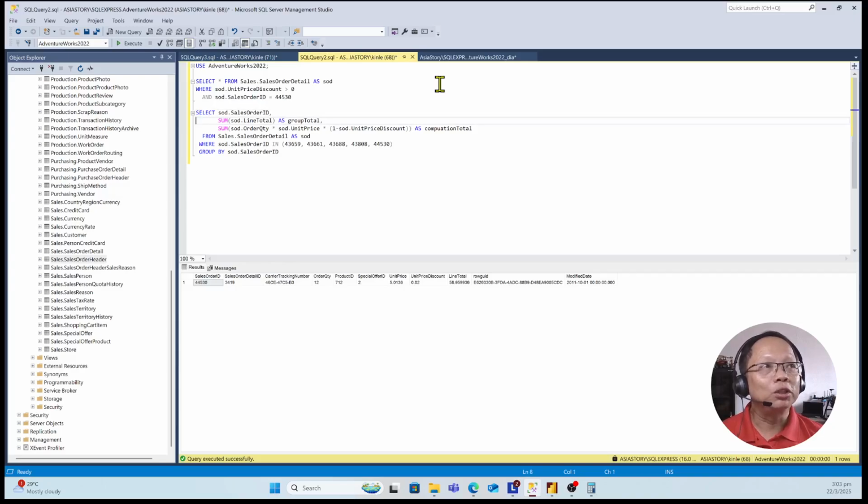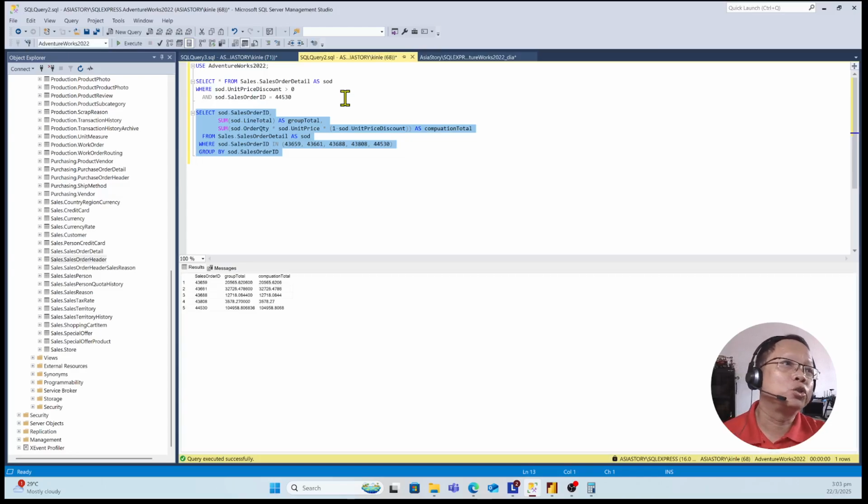So I have group total and computation total, and they should be the same, with the same five selected sales order IDs. Let's run this, F5 or just the execute button.